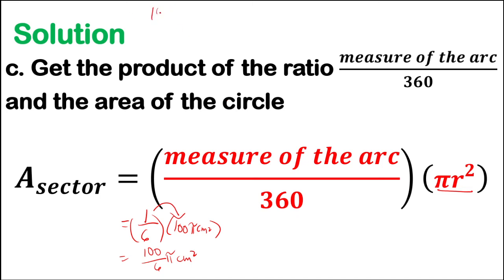And 100 over 6 is reducible by dividing it by 2. 100 divided by 2 is 50, and 6 divided by 2 is 3. So 100 over 6 pi centimeters squared is also equal to 50 over 3 pi centimeters squared. Now, what is the value of 50 over 3 pi centimeters squared?